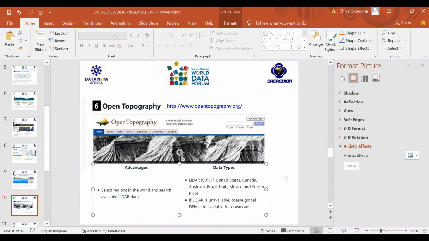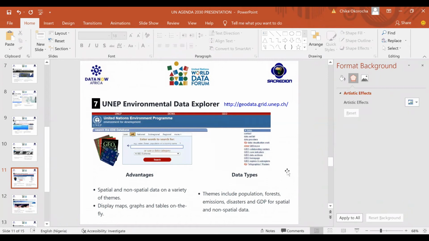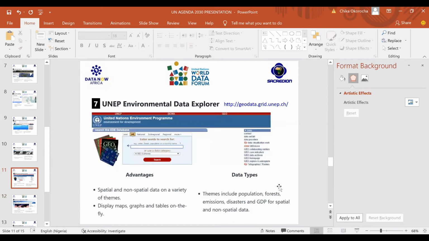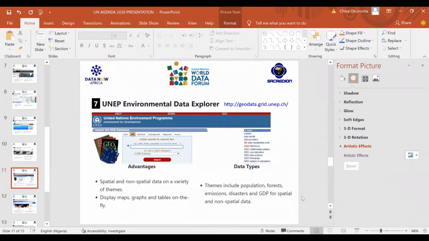Number 7, United Nations Environment Programme. From the platform, you can get spatial and non-spatial data at various thematic levels. From this United Nations platform, we can access population, forest, and emissions data.